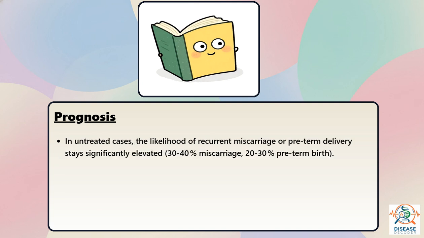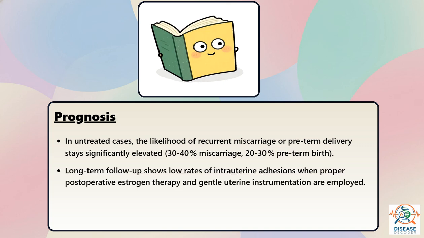In untreated cases, the likelihood of recurrent miscarriage or preterm delivery stays significantly elevated, 30 to 40% miscarriage, 20 to 30% preterm birth. Long-term follow-up shows low rates of intrauterine adhesions when proper postoperative estrogen therapy and gentle uterine instrumentation are employed.